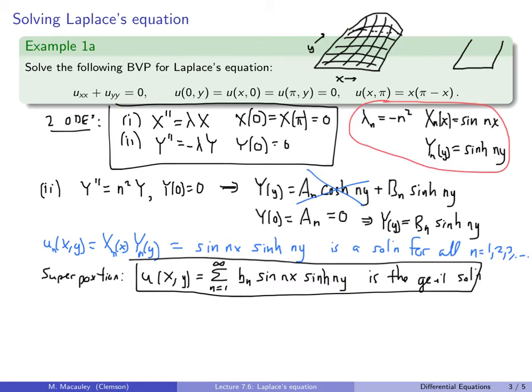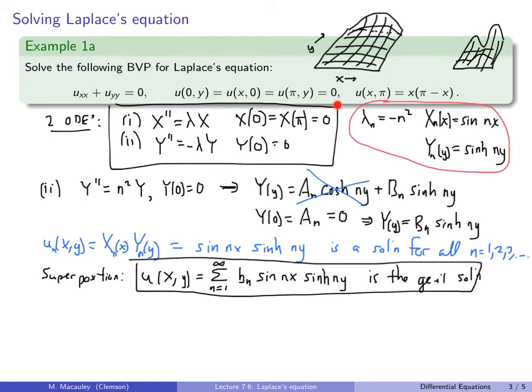Let's just draw something. Then you can sort of picture what the soap bubble is going to be, whatever that minimal surface is. So this is the general solution given these three boundary conditions.